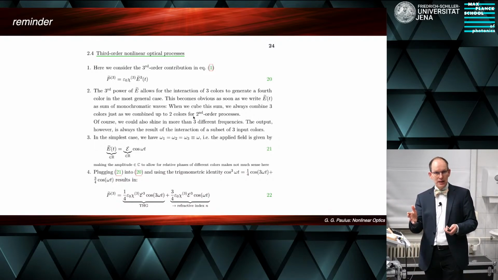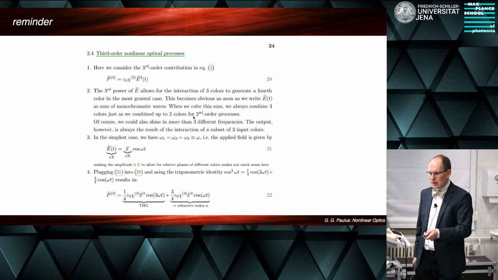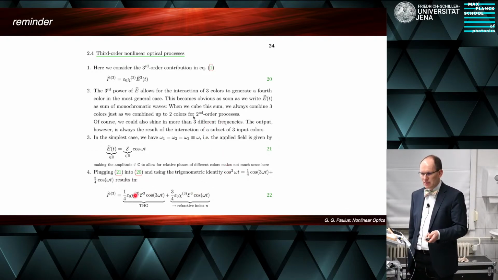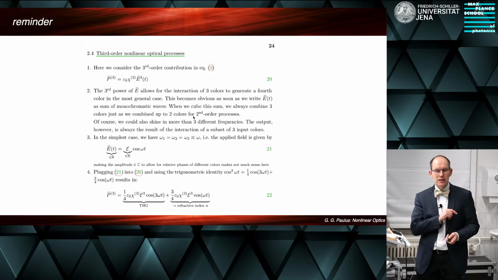This is what we certainly expected, but what we also realized was that there is a polarization that oscillates just at the fundamental.